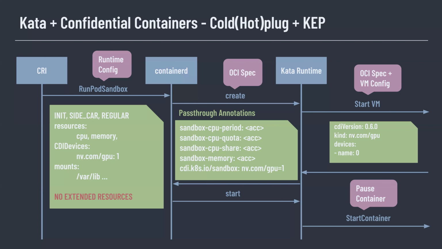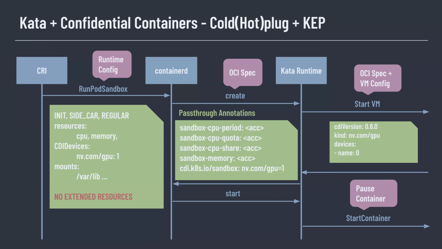What we're doing is, at the sandbox creation time, we are getting all the resources and the CDI devices. I only concentrated on the CDI devices for this demo and for this presentation. So we are taking the CDI devices, and containerd does a pass-through of those CDI devices as an OCI spec annotation.